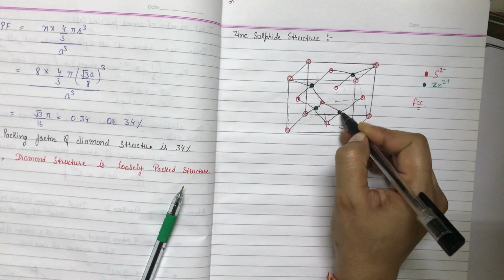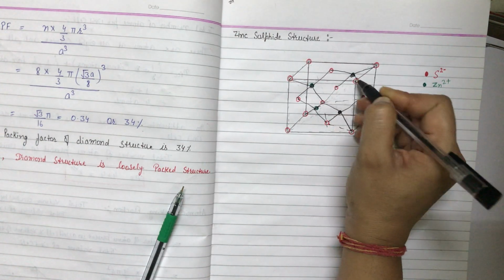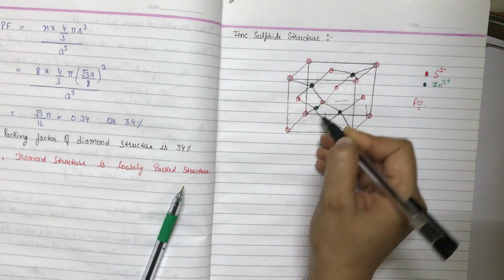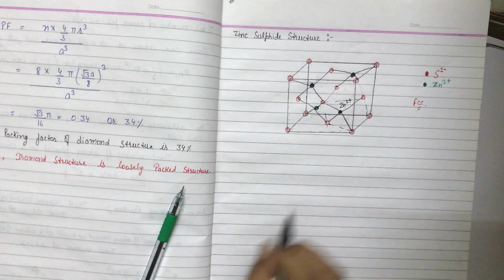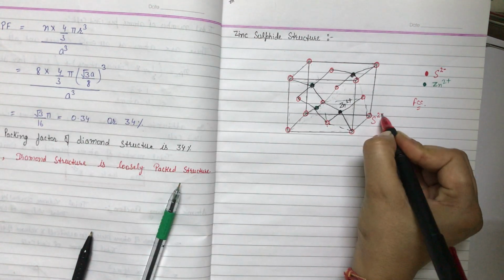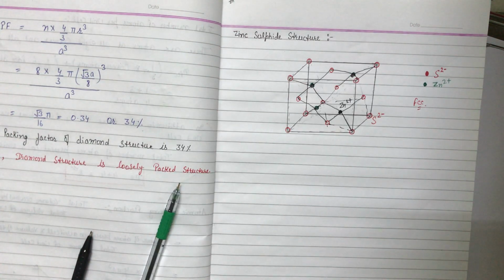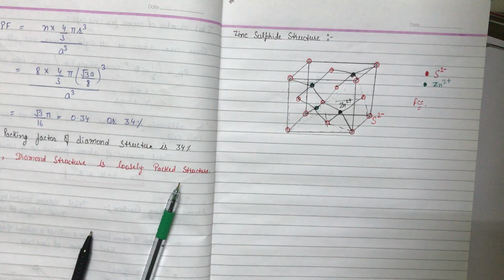Clear? So these are the 4 body diagonal positions for zinc 2 plus, and this is for S2 minus. So this is a molecular structure. So this is all about today's topic. Thank you, students.